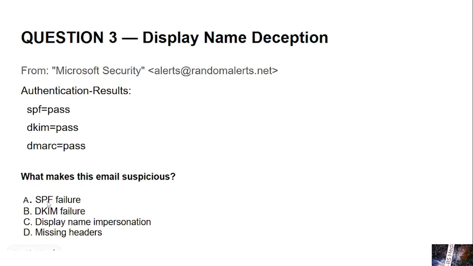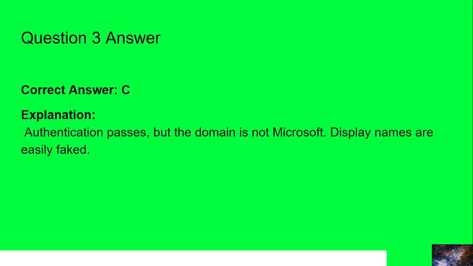So what makes this email suspicious? Is it SPF failure, DKIM failure, display name impersonation, or missing headers? What will be your option? Select the best option. You can see SPF, DKIM, and DMARC. The answer is C. Authentication passes, but the domain is not Microsoft.